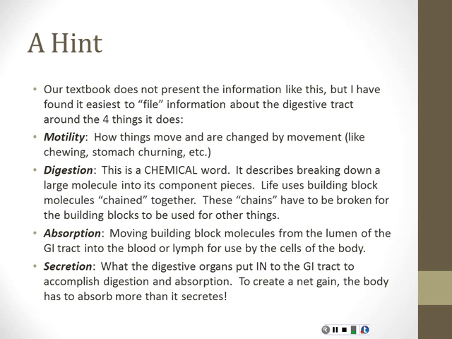So even though the digestive system has its name, digestion is just one part of what it does, right? All of the molecules in the food that we eat, or at least the vast majority, are long chains of molecules. That's how life on this planet does things. It takes building block molecules and pieces them together into these long chains. So amino acids are chained together to make proteins. Sugars are chained together to make carbohydrates like starches. Even fats are chained together to make triglycerides.